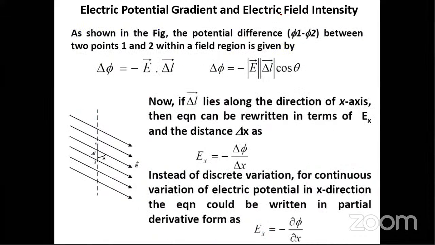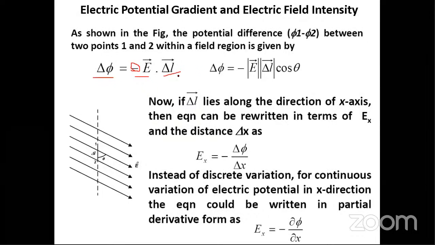Now we want to find out the electric field intensity in a particular direction, because these things will be required. In the figure, consider the potential difference phi 1 minus phi 2 between 2 points. It is denoted as minus E into del L. So this is the convention for minus.